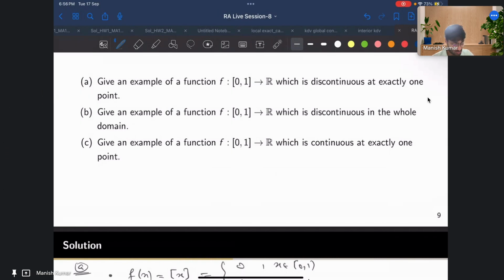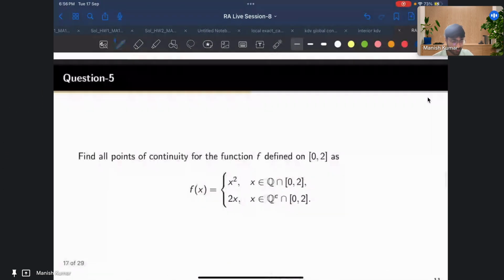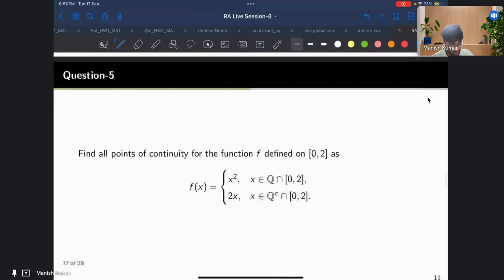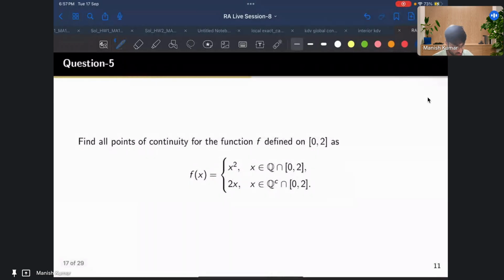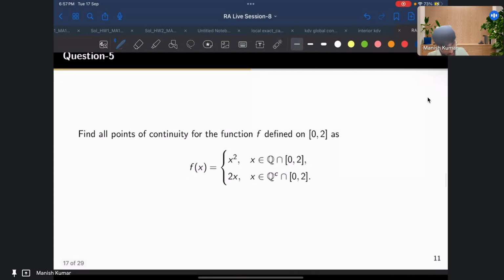Okay, so now let's move to the next problem. Here you have been given this function, and you have to find the points of continuity for this function. For continuity, again I am writing two conditions.